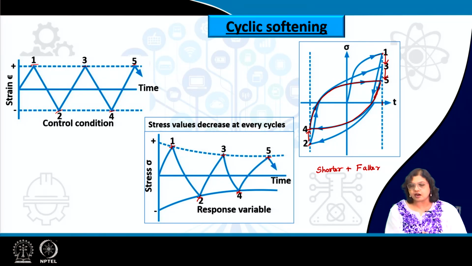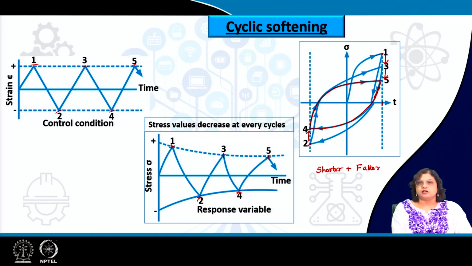So, strains are practically not increasing or decreasing or changing for that matter, because we are controlling the strain, but the stress is. Okay. So, in case of softening, instead of an enhancement in the strain, what we are seeing is reflected as a reduction in the stress level. Okay. So, a shorter and fatter hysteresis loop can signify cyclic softening.